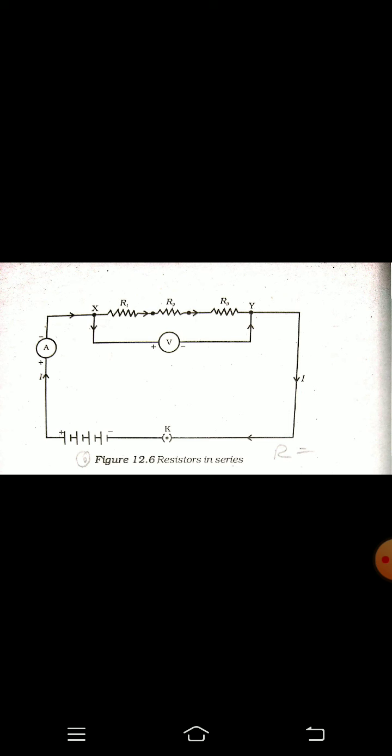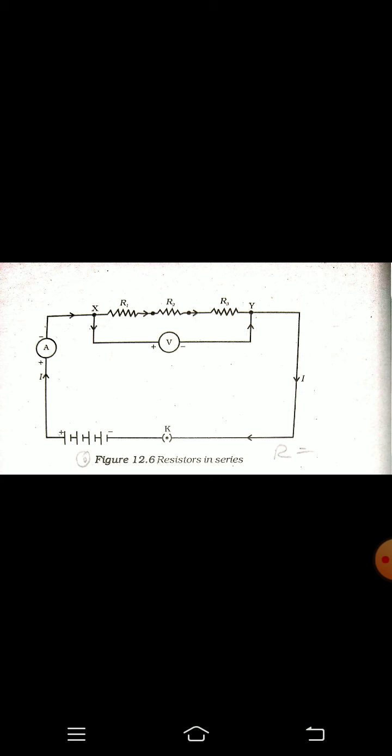And then we have to note the readings each time. So in the first case, it is in series connection with all 3 resistors. Then in the second case, we will keep it in between R1 and R2. In the third case, we will keep it in between R2 and R3. At last, we will keep it after R3.